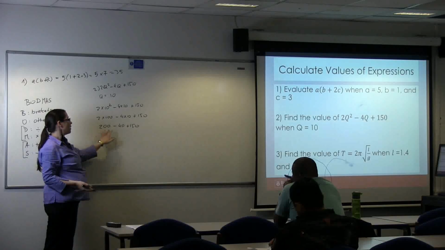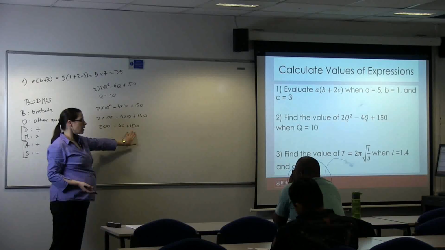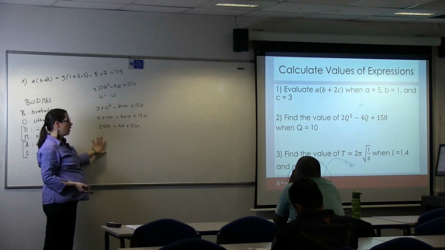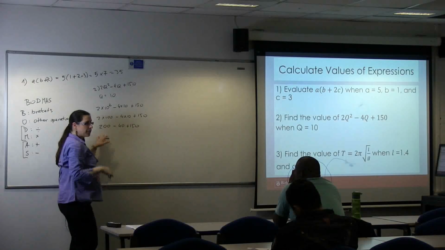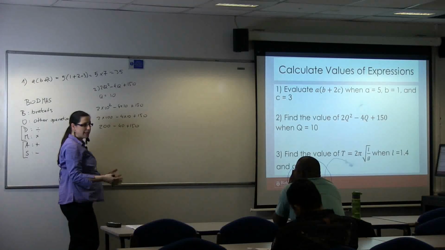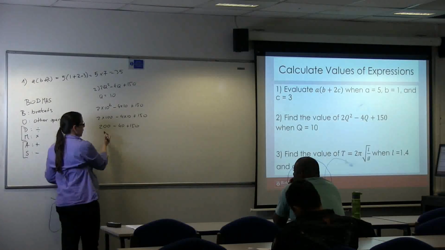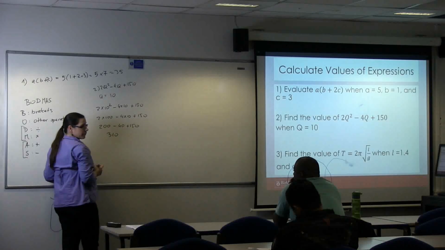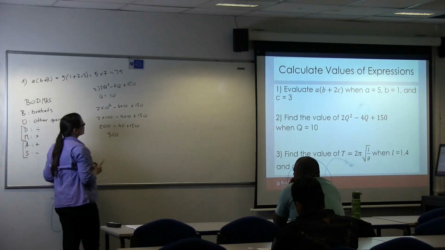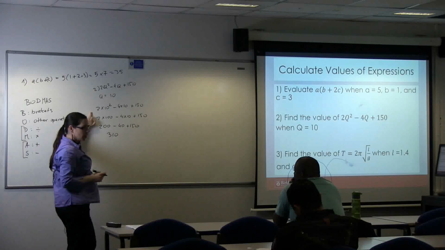So you can do 200 minus 40 plus 150, or you can do minus 40 plus 150 plus 200, or you can do 200 plus 150 and then finally the minus 40. All going to give you exactly the same answer, which is, what is the answer? 310.